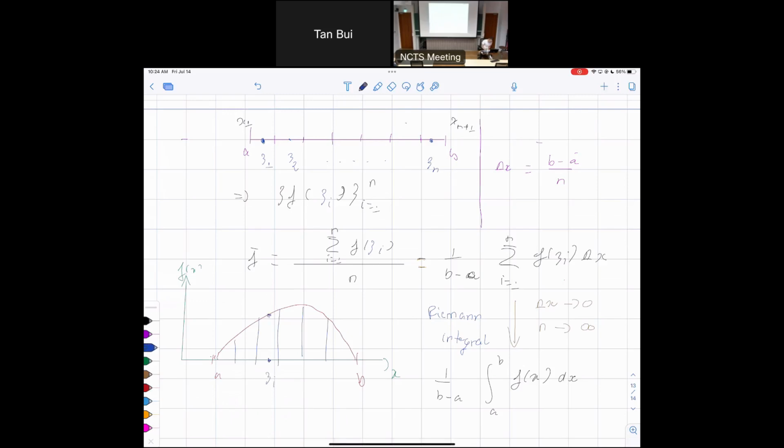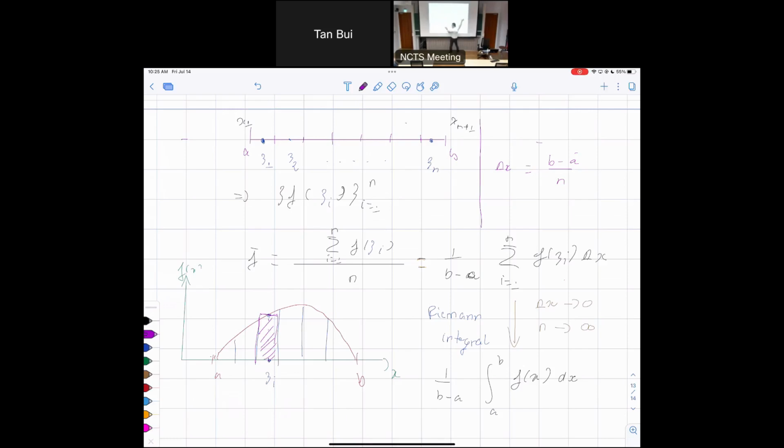So we actually approximate each area here by a rectangle. This is nothing more than the area of this rectangle.